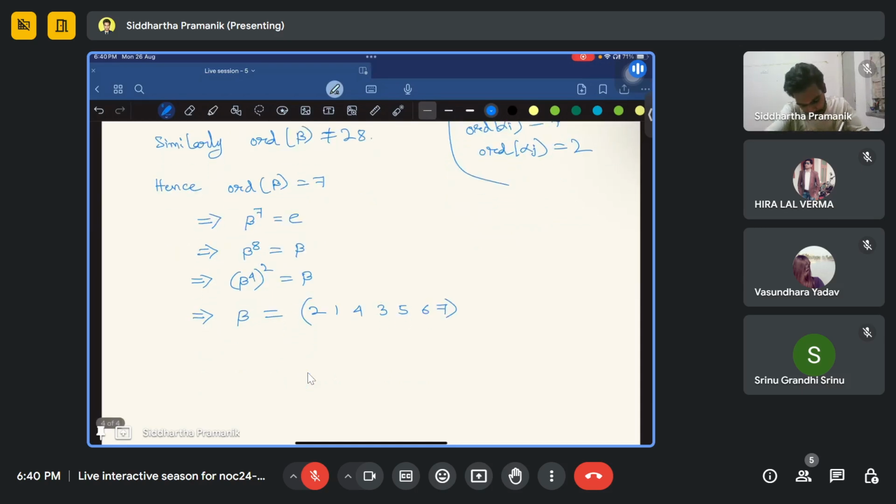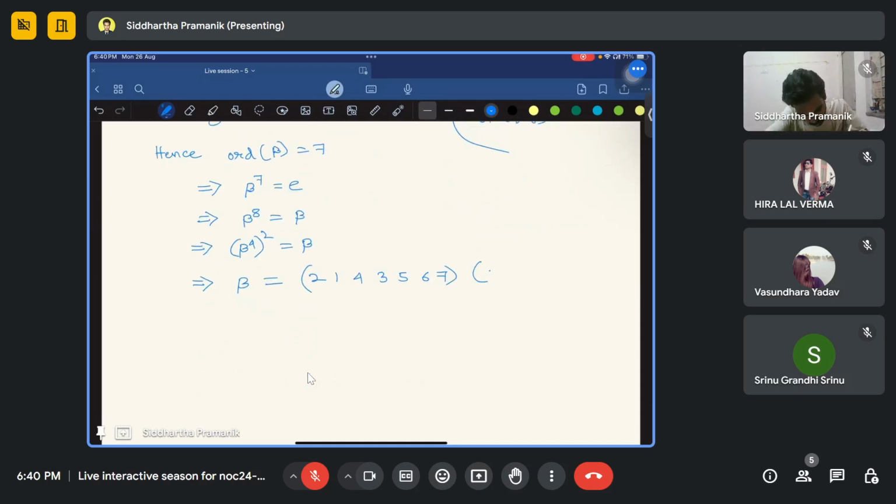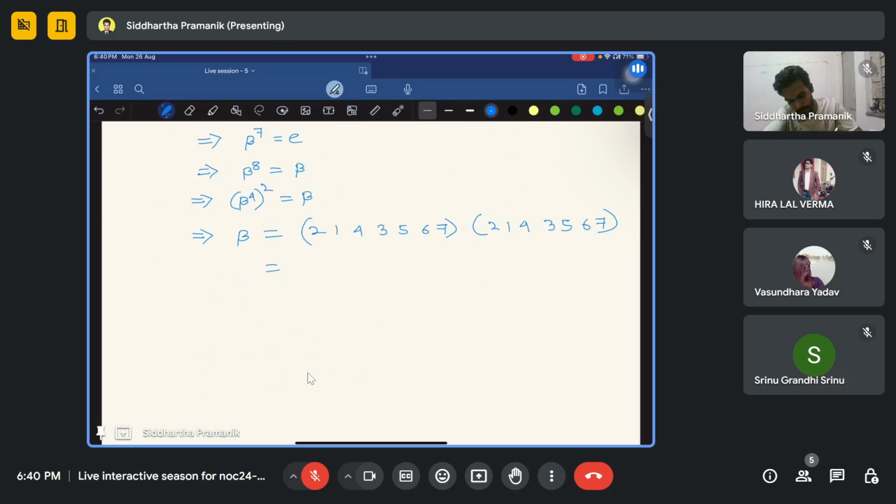So we need to multiply it by itself. So again 2 1 4 3 5 6 7. Let's multiply it. Remember that we multiply cycles from right to left. Means we first look at the right, then we look at the left. So let's start with 2. 2 goes to 1, and then 1 goes to 4.